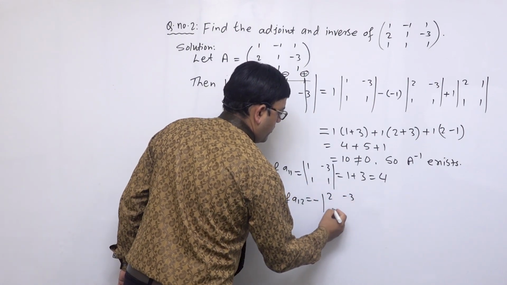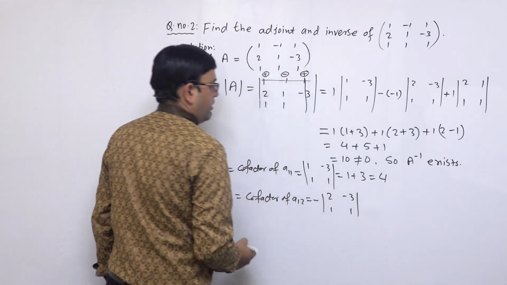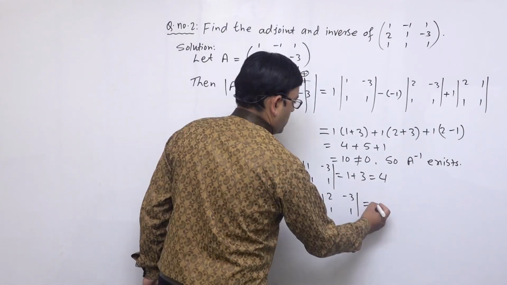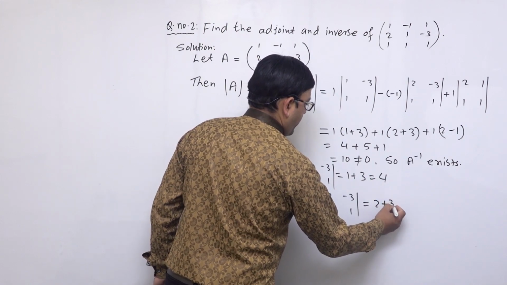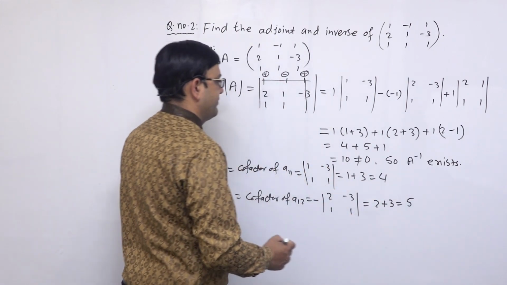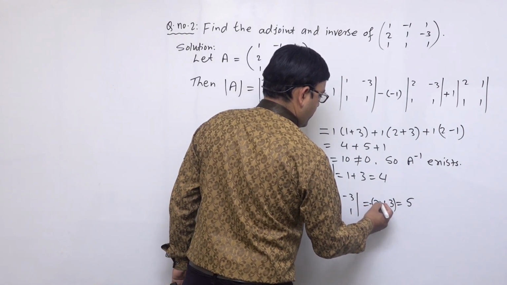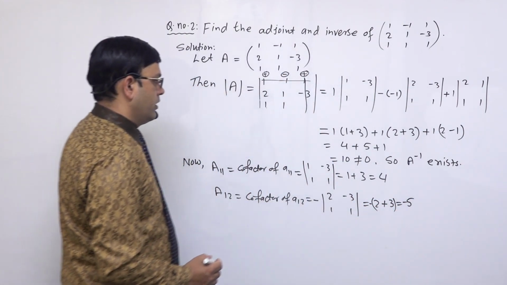So its answer is 2 plus 3 is equal to 5, and with the minus sign in front, it is minus 5.